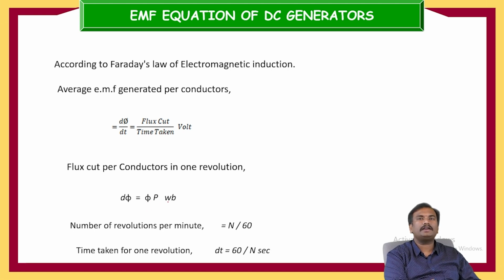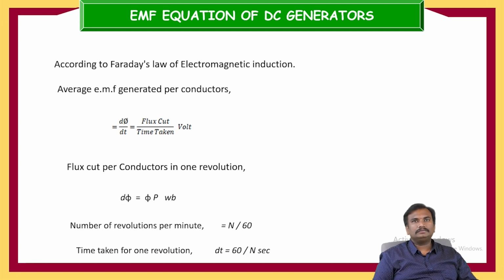That is φP webers, and the number of revolutions per second is N/60, and the time taken to complete one revolution is 60/N seconds.